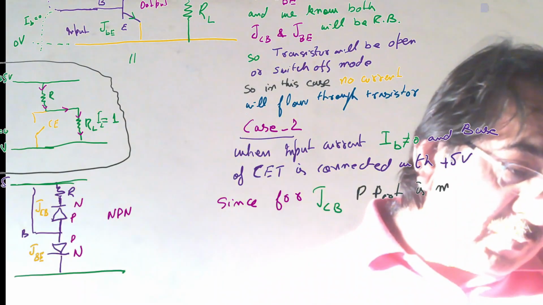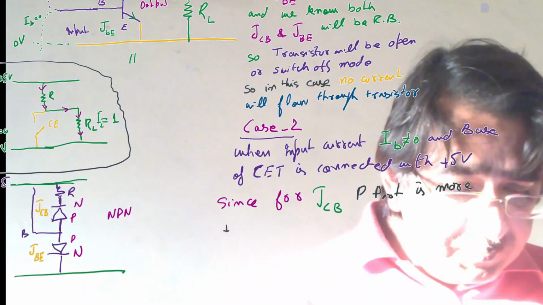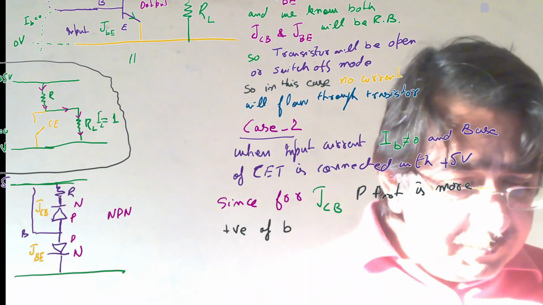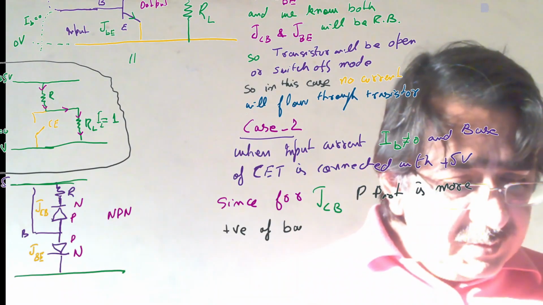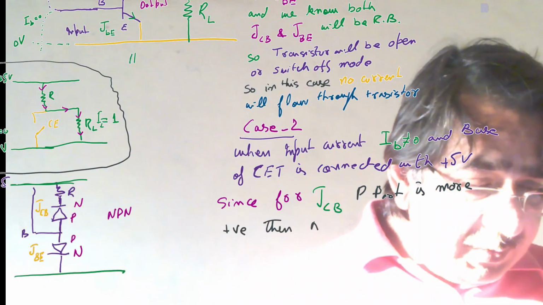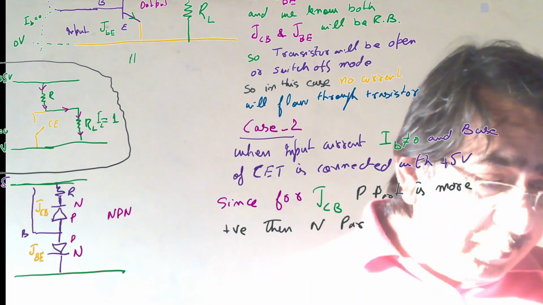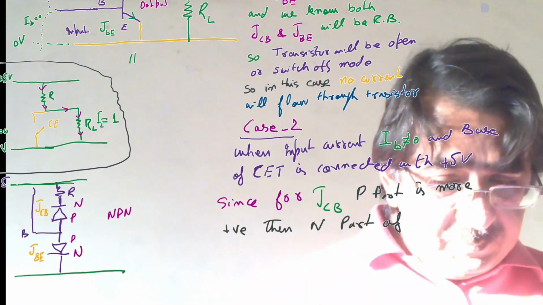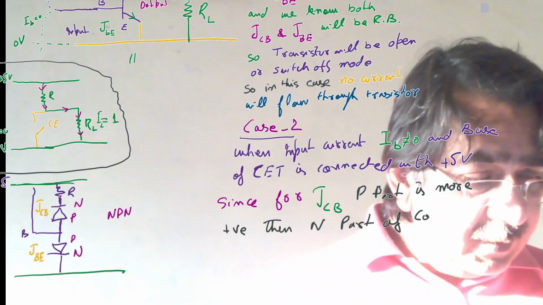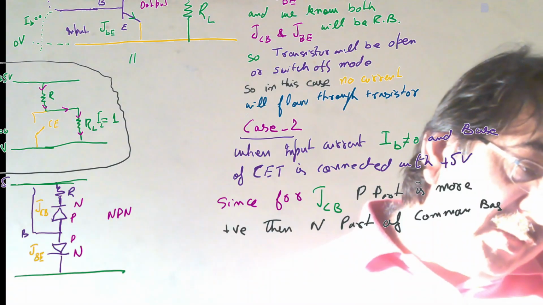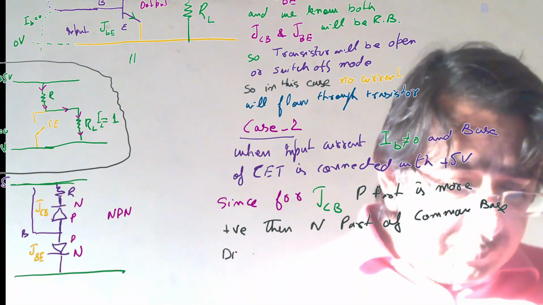The P part is more positive than the N part of the common base diode.